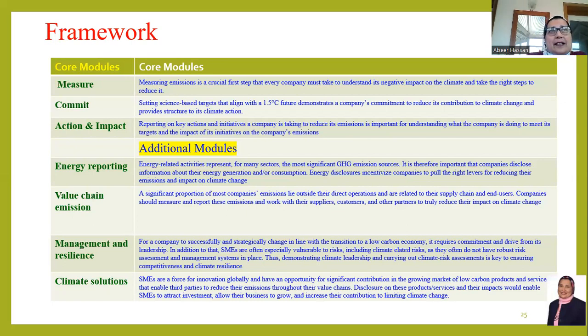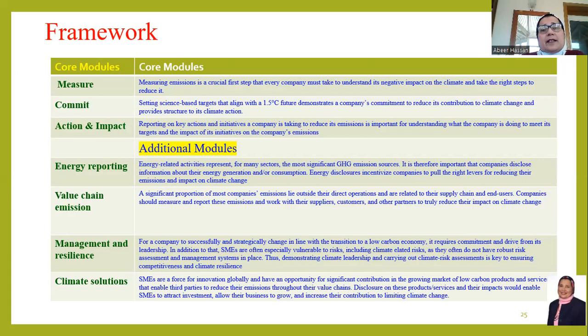So basically, you have to tell outsiders what you are doing, because not all stakeholders or readers are involved in the day-to-day operation. We really need to know what you are doing to reduce climate change. What steps have you taken? So provide us with information.